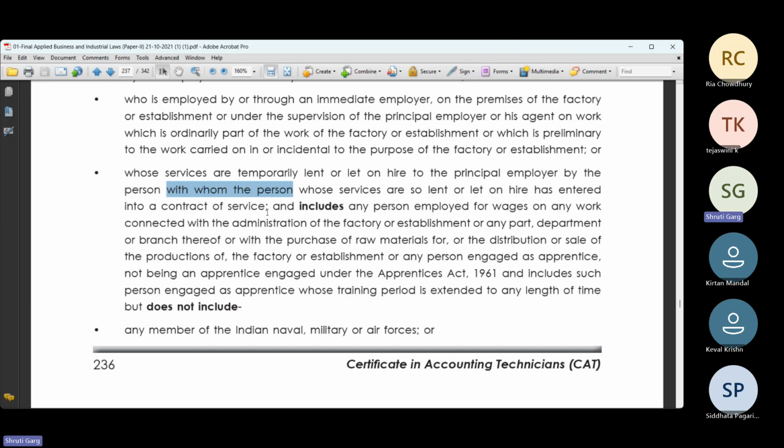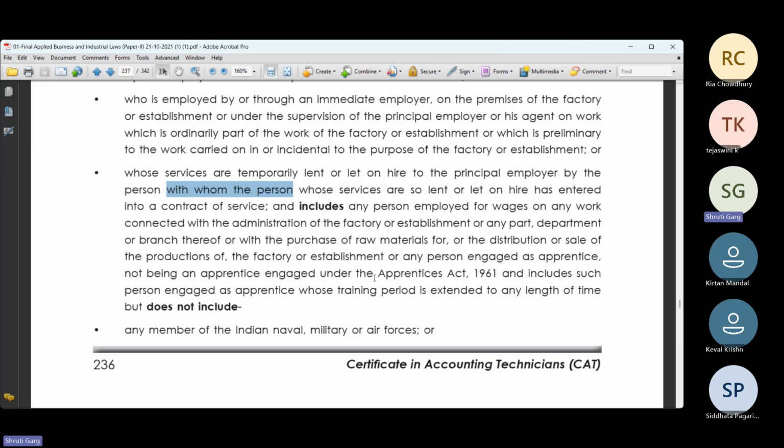And this includes any person employed for wages on any work connected with the administration of the factory or establishment or any part, department or branch thereof. Clear?